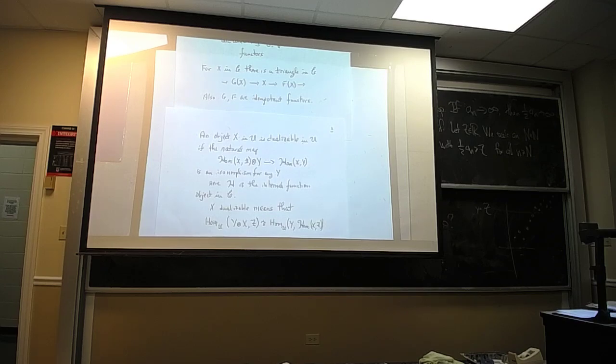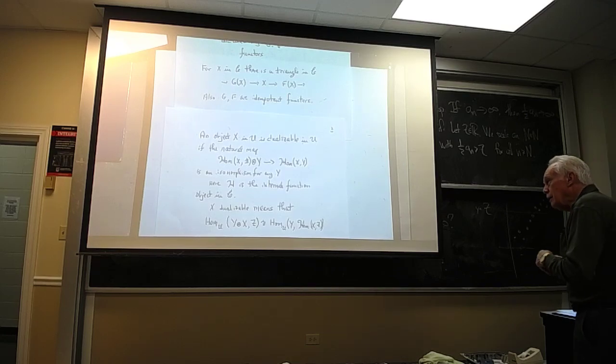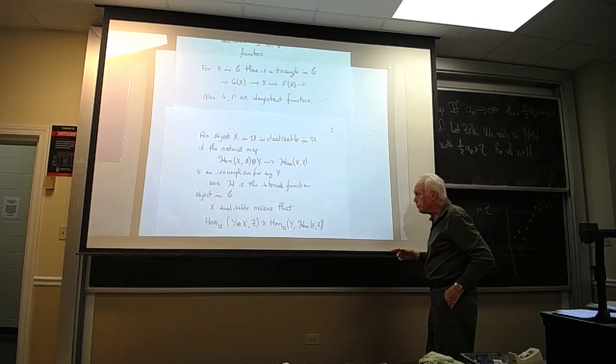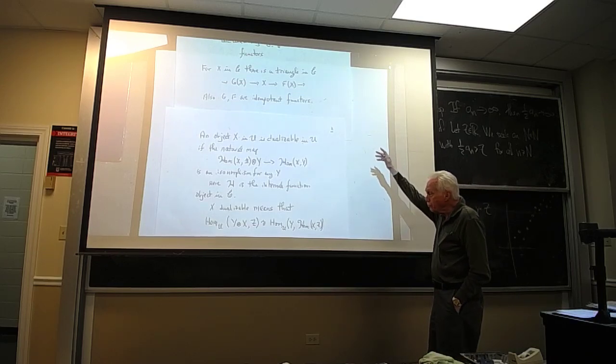You apply Brown's representability theorem, and this is the thing that comes up that gives you the representation. So as I say, there's this internal function object, and I'll give you examples of this in a minute.